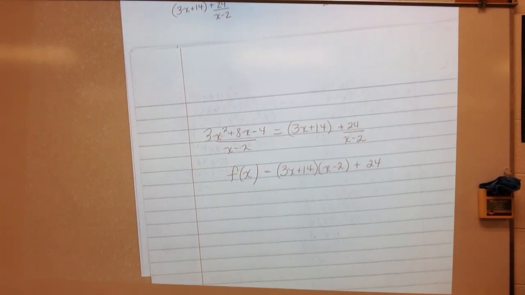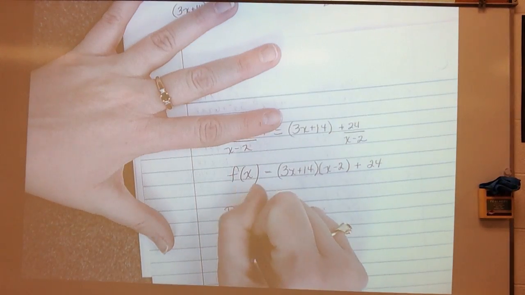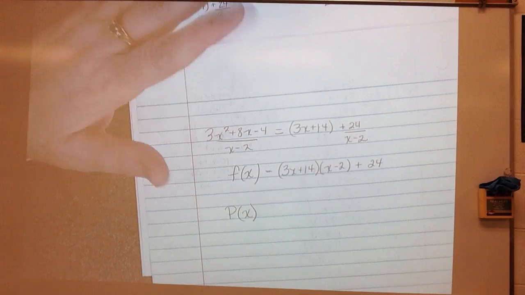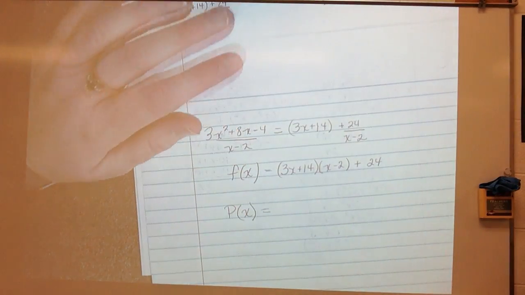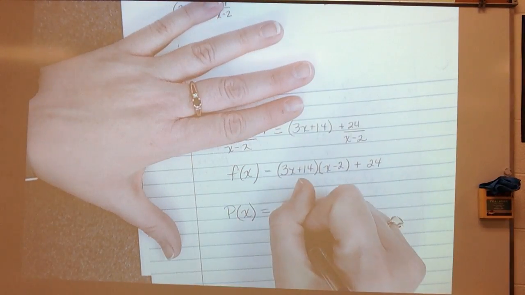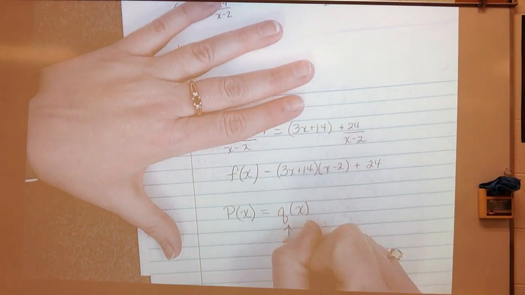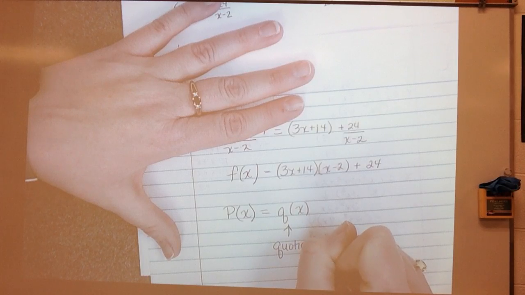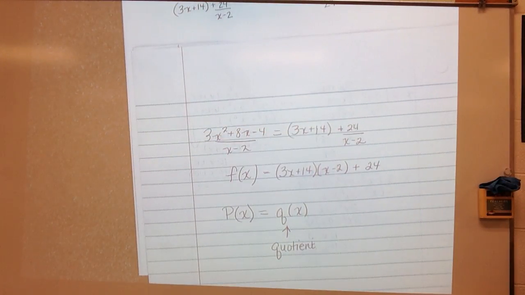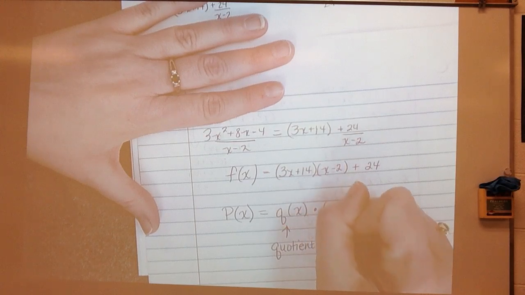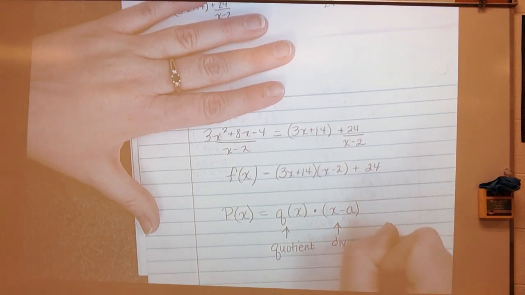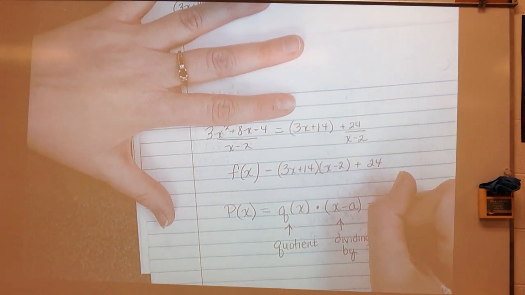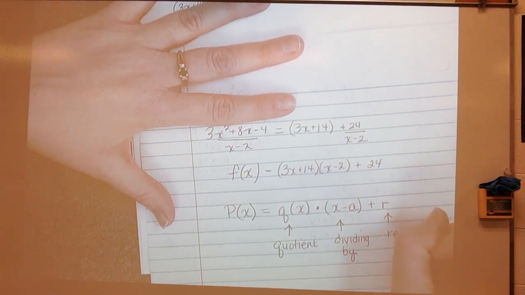Alright? So we can generalize this. We can generalize and say that p of x, and this could be f of x, g of x, h of x, whatever, we're just going to use p of x as general, is equal to q of x, that is our quotient, whatever we got when we divided, times x minus a, which is what we're dividing by, plus our r, which is our remainder.